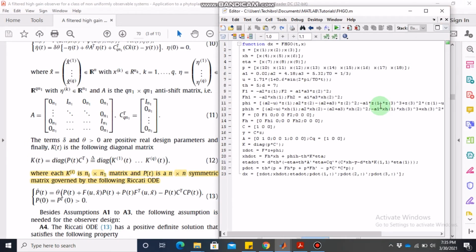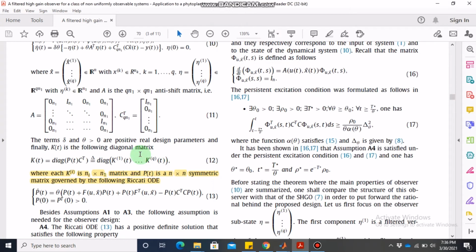Or rewrite this code by yourself, and that will increase your confidence about writing MATLAB code for the simulation of control systems. This is the transpose of the second row of the P matrix. This is the transpose of the third row of the P matrix, and that completes the code.